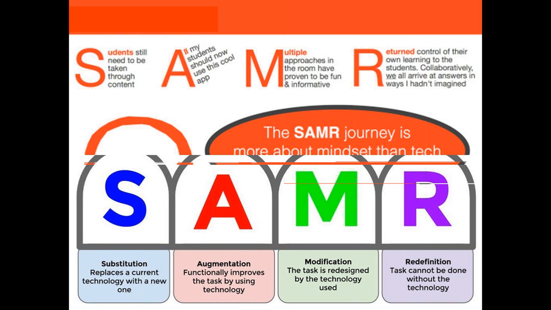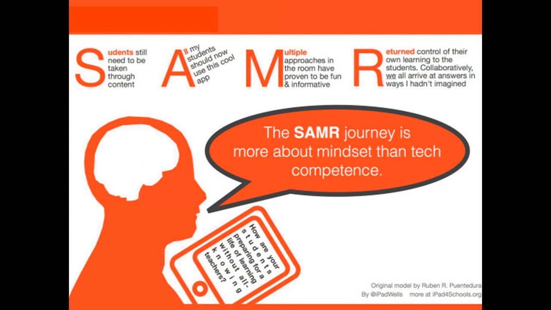As we move to the third level, modification, the question that guides this work is, how does the task significantly change with this use of the technology? This is where we begin to redesign the task, and the technology begins to play an important role. Now the modification is beginning to fundamentally change the task that the student is being asked to complete.